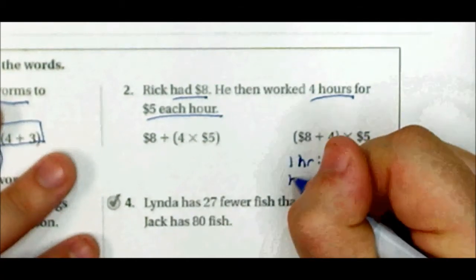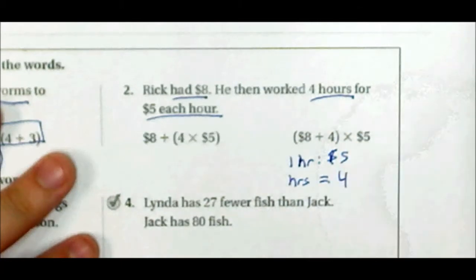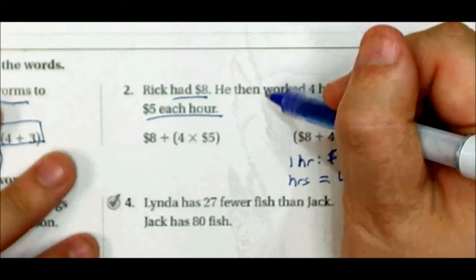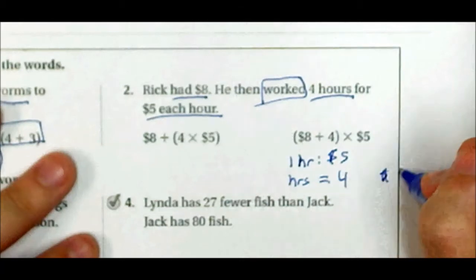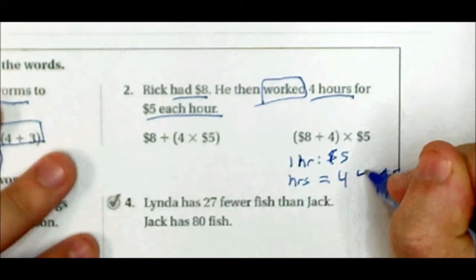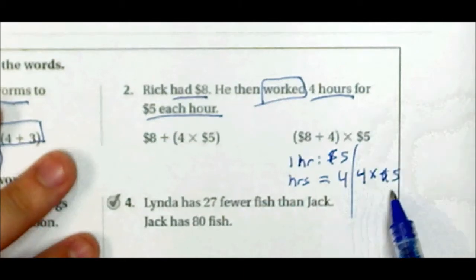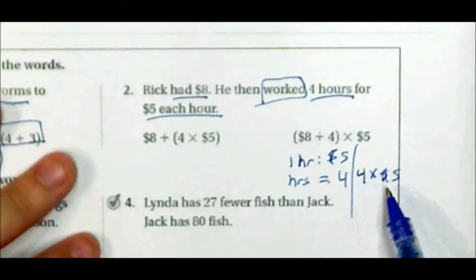Well, how many hours does he work? 4 hours. So to figure out how much he makes when he works, we would say, well, he makes $5 per hour, he works 4 hours. And so I would multiply them together. 5 plus 5 plus 5 plus 5, or 4 times 5. That gives me the amount of money he gets in 4 hours.